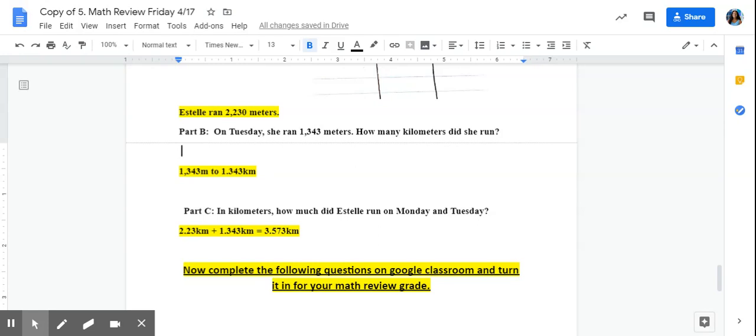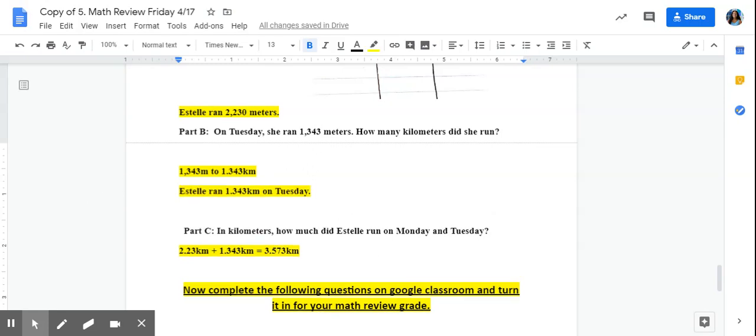Now you're going to make sure that you had drawn a table just like the one that I did above in order to do your conversions. Estelle ran 1.343 kilometers on Tuesday.